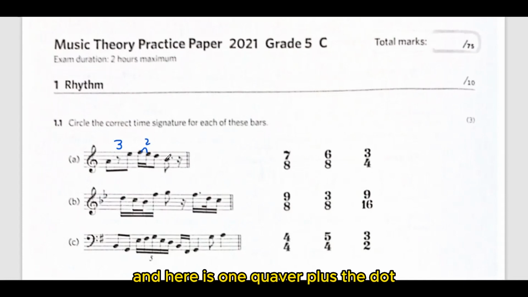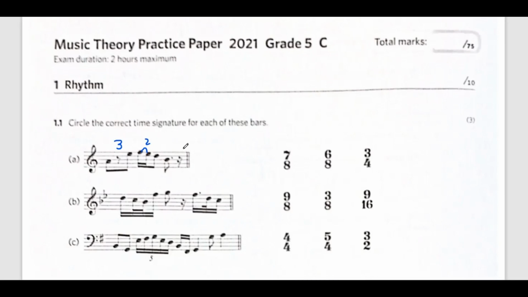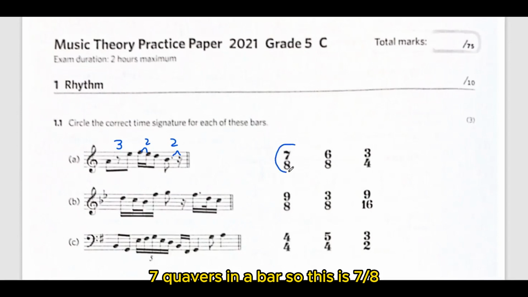And here is 1 quaver plus the dot and a semiquaver rest. So here is 1 quaver. 1 quaver, 2 quavers. So they are all quavers. 3 plus 2 plus 2. That means 7 quavers in a bar. So this is 7/8.